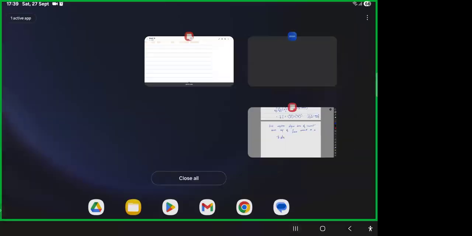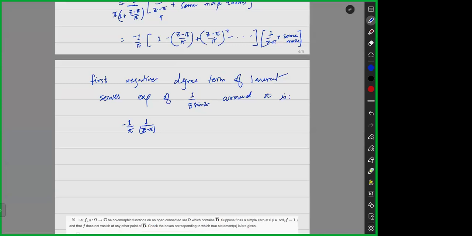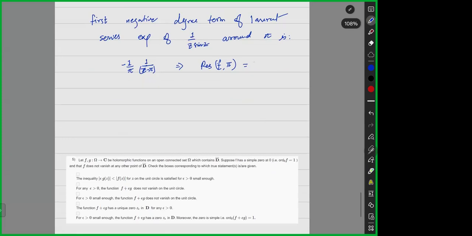Let's see. This is the first negative degree term. And from here, this implies the residue of f at pi is minus 1 by pi.